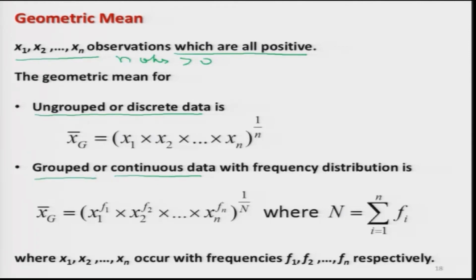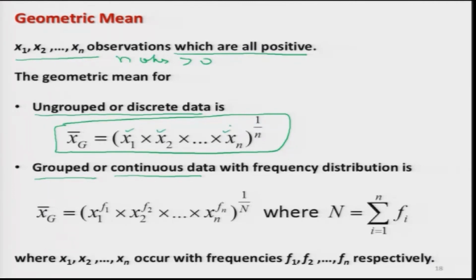When these observations are ungrouped, the geometric mean is defined by x bar g, something like this. We simply multiply all the observations x1, x2, xn, and then find the nth root by taking the power 1 upon n.